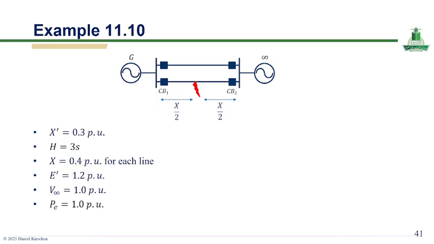During the fault, the effective transfer reactance increases significantly, causing a reduction in electrical output power and accelerating the generator rotor. The analysis focuses on evaluating the system response and determining the stability limits after fault clearing using transient stability concepts and the equal area criterion.